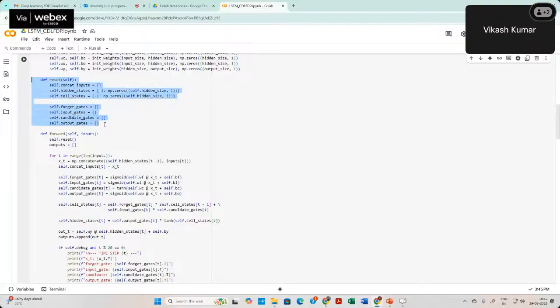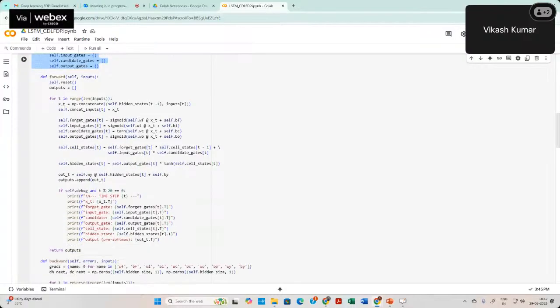This reset is only used where each time we provide a different sequence in a different context. If we are working in the same context, providing different sequences again and again, we may avoid this. Now this is the forward pass.